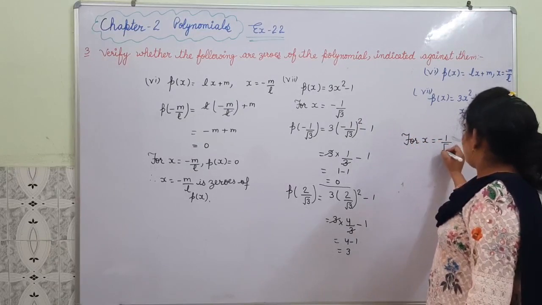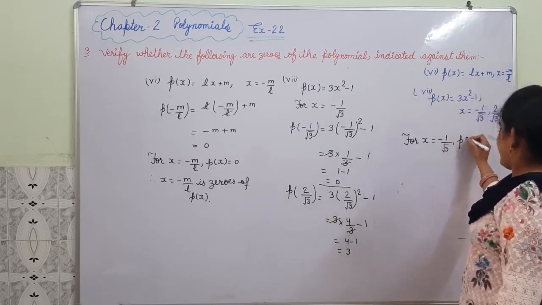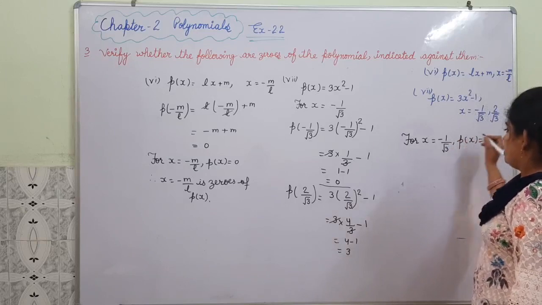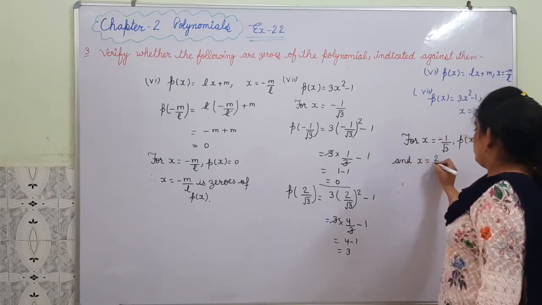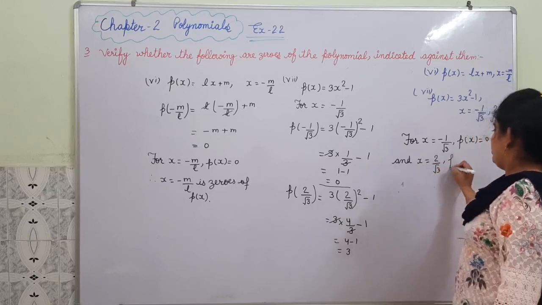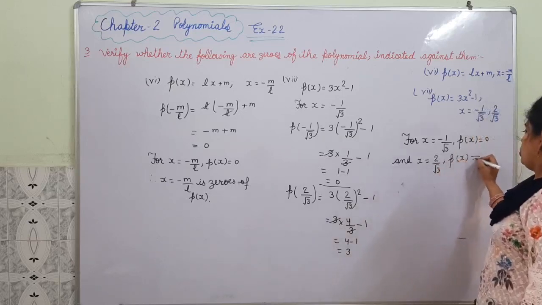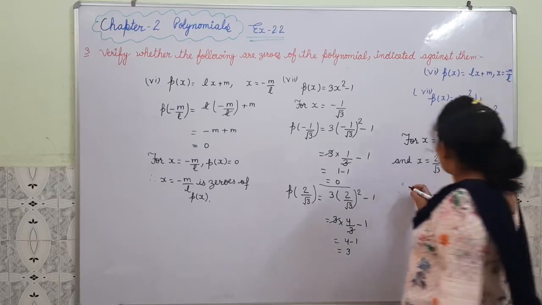For x is equal to minus 1 by root 3, P of x is 0 and x is equal to 2 by root 3, P of x is not equal to 0.